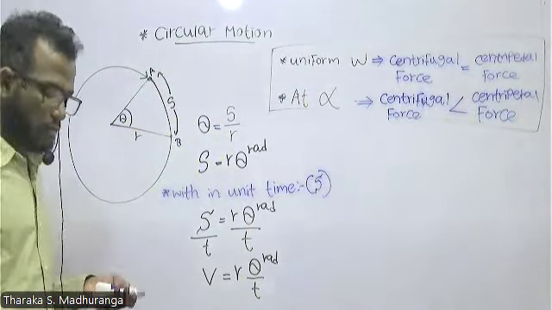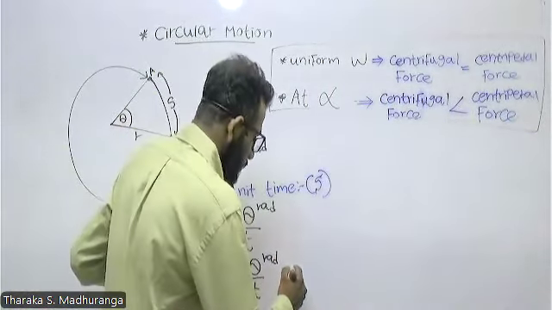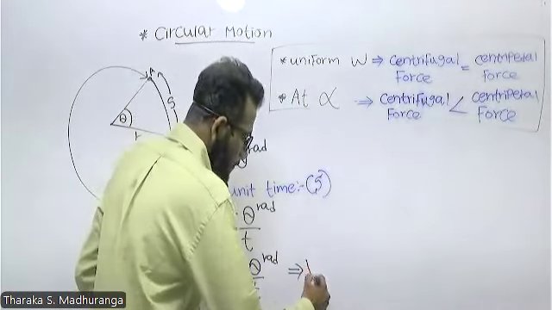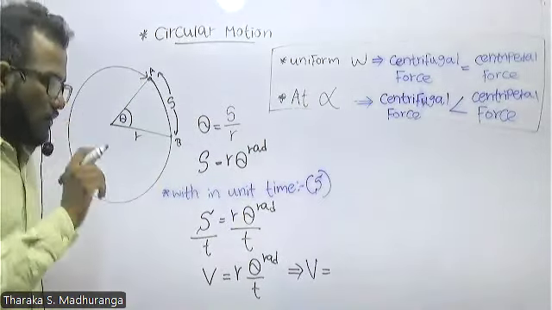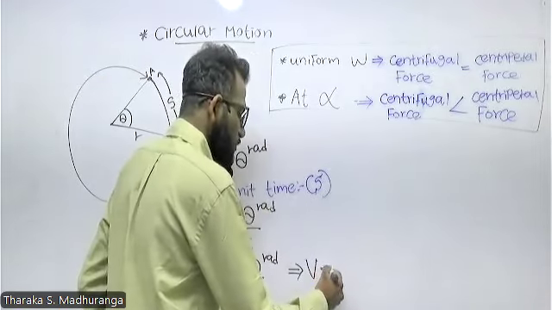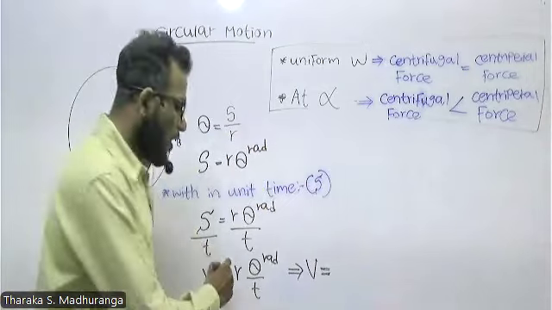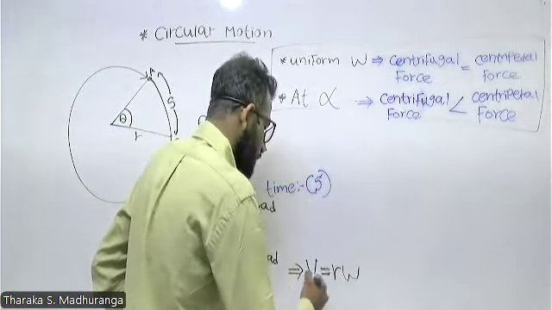Then I write here, v is the same, v, that means the speed of the rotational motion object, circular motion object. The speed is v, the r is the same, r, and theta over time is omega.